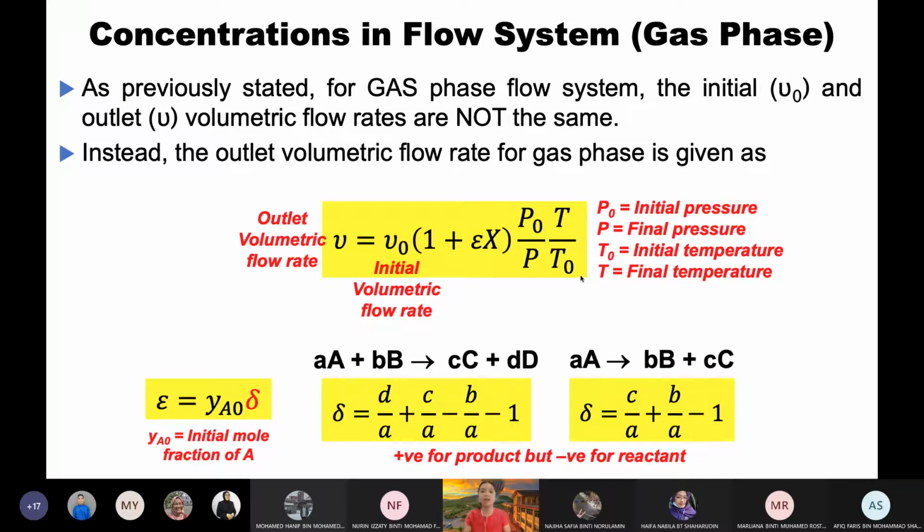However, if it is isothermal, meaning no change of temperature, meaning initial temperature equals final temperature, then T equals T naught. If T equals T naught, hence T divided by T naught equals 1, right? So you can also remove T per T naught from the equation.